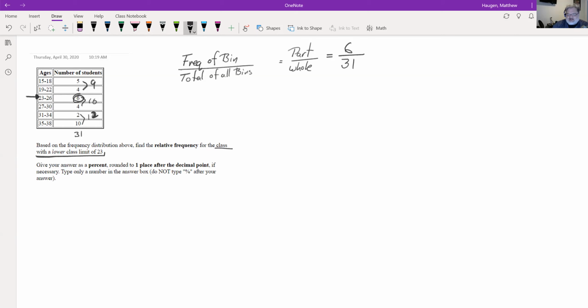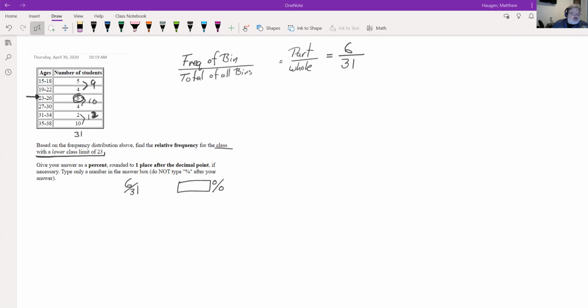So we technically could just say 6/31, but we were asked to round to 1 decimal point. It wants that as a numerical value. It's giving you a little note that the box already had the percent symbol there, so it's asking you to give the raw percentage but not put the percent symbol on it.